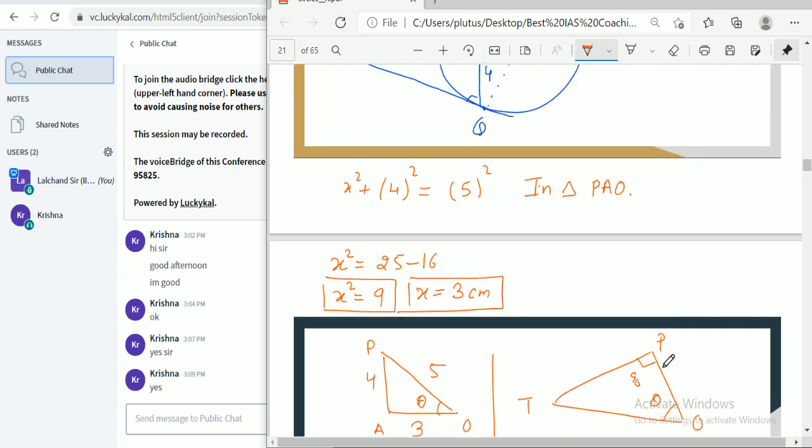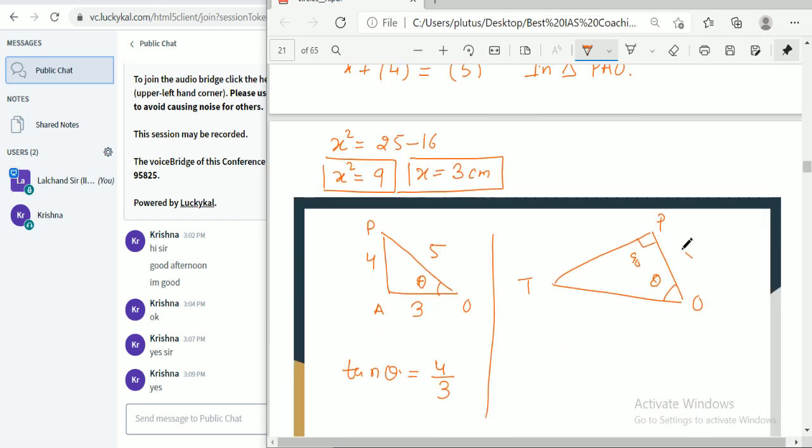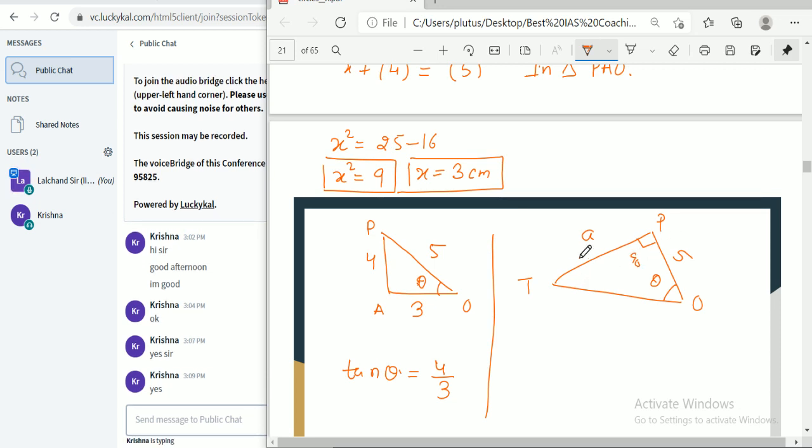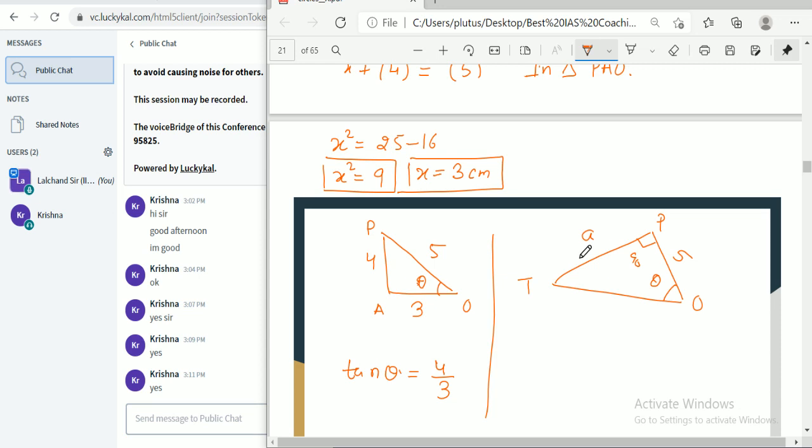This is known to us, the radius, that is 5 unit, but we need to find this side, TP. So how can we find TP in this triangle? Use trigonometry in this triangle. Can we calculate the value of TP? Tell me the answer for this.